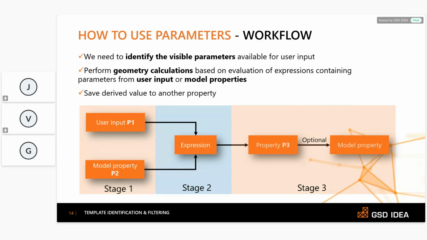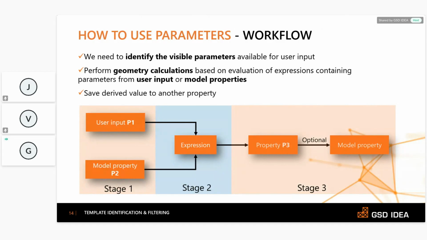There usually can be two types of inputs in a parametric template: user input, which is the base input, the inputs that the user actively selects, like flange thickness, bolt count, etc. Then there is the model property, which comes from the existing geometry of the model, like cross section or dimension or any material property. The first stage, as I mentioned, is to identify those inputs, which are the values that all other inputs rely on.